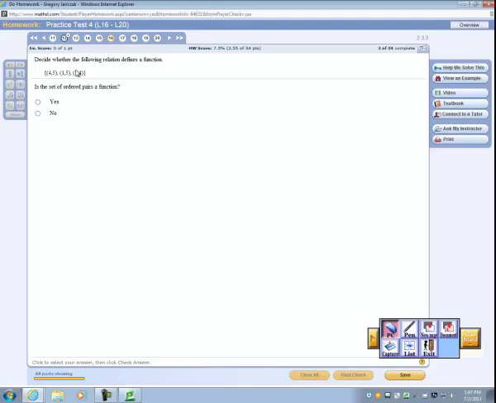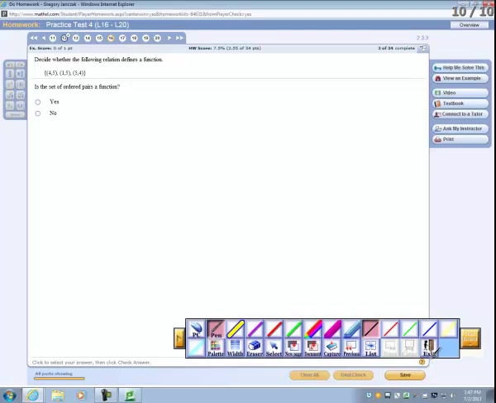There isn't, right? What about the 1? That only has 5, right? 5, 4. So can we say this is a function? Harley? Yes, that's right, it is.